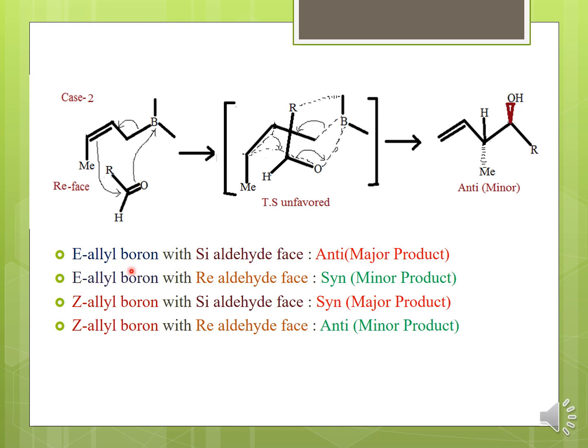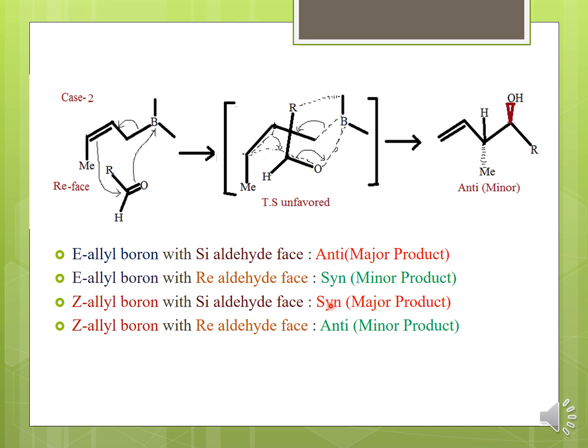If the E allyl boron with the Re aldehydic face, syn will be your minor product. And then Z allyl boron with the Si aldehydic face, again syn will be your major product. And then Z allyl boron with the Re aldehydic face, it is the anti, which is your minor.